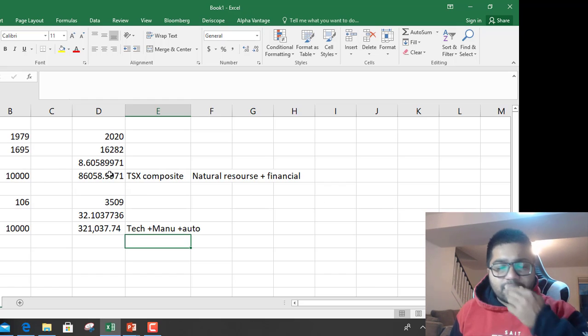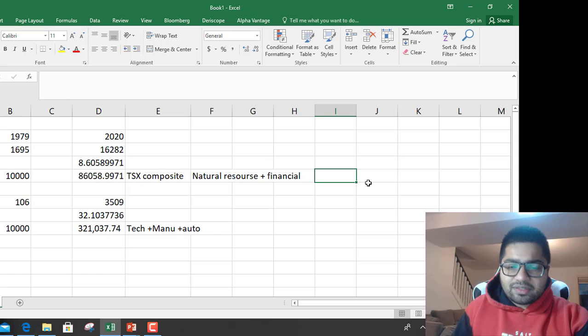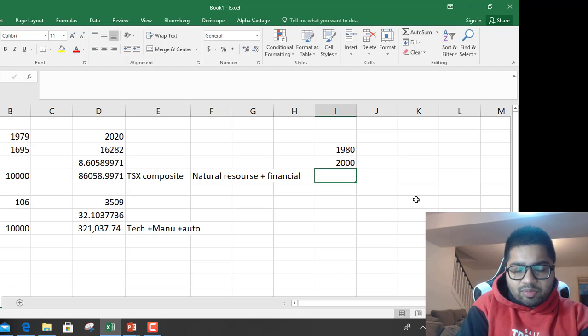Your money has become 8 times from 1979 to 2020 with major recessions. 1980 was a recession, then 2000 was a recession, the dot-com bubble burst.